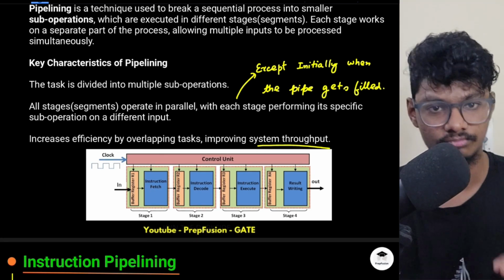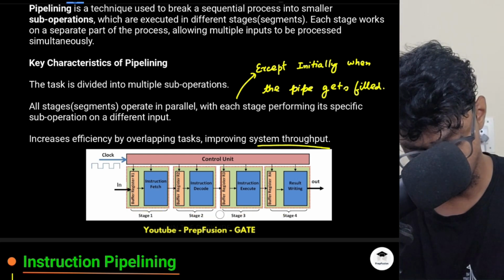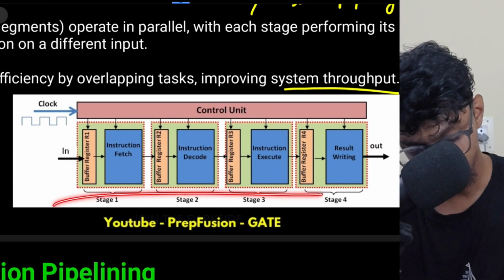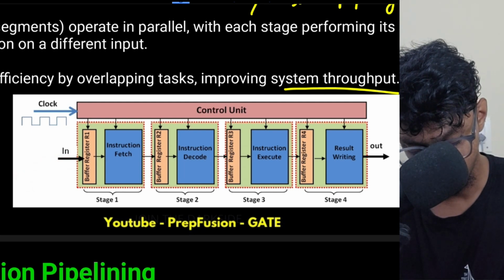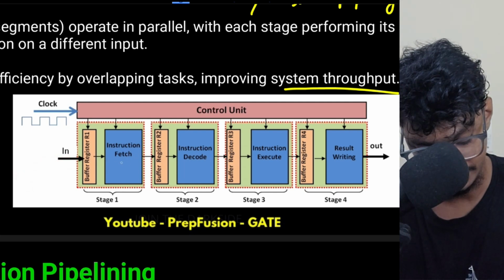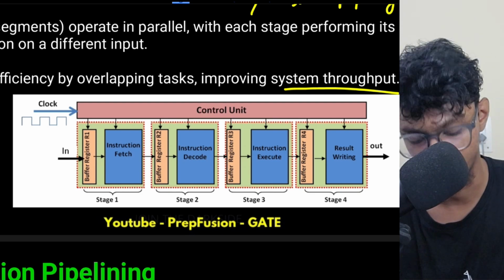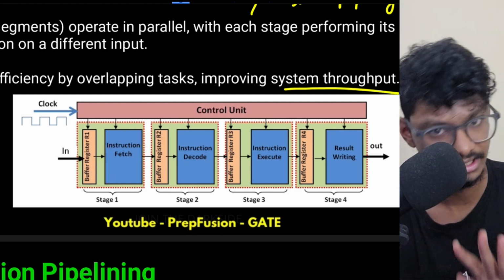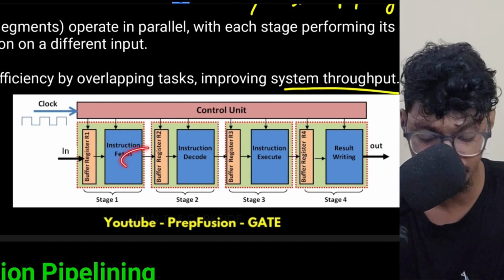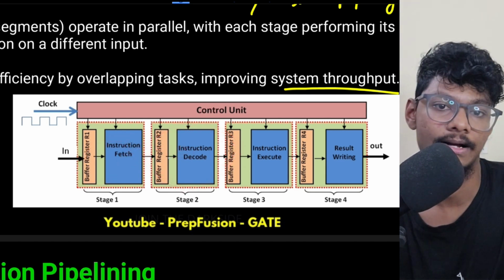So what is happening here? Generally, in instruction pipelining, I have multiple stages. Let's say I have 4 stages. Each instruction I1 will come here. Then there will be one buffer register that stores the instruction or the operand. Then the instruction phase happens and it processes that stage. Then we don't directly feed it to the next stage.